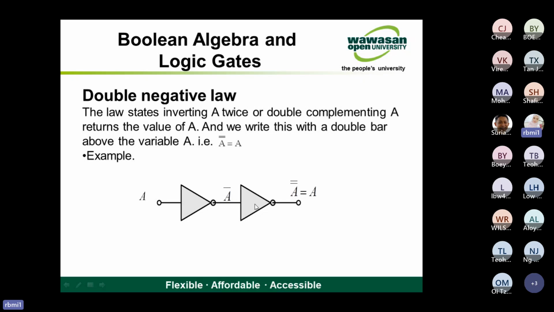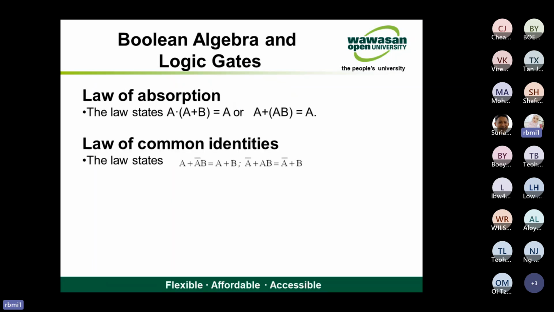If here is 1, after the inverter, here is 0. After another inverter, it will become 1. For the other condition, if it is 0, it becomes 1 and then 0. That is how you can get the original condition back. Right, so that's for the double negative law.